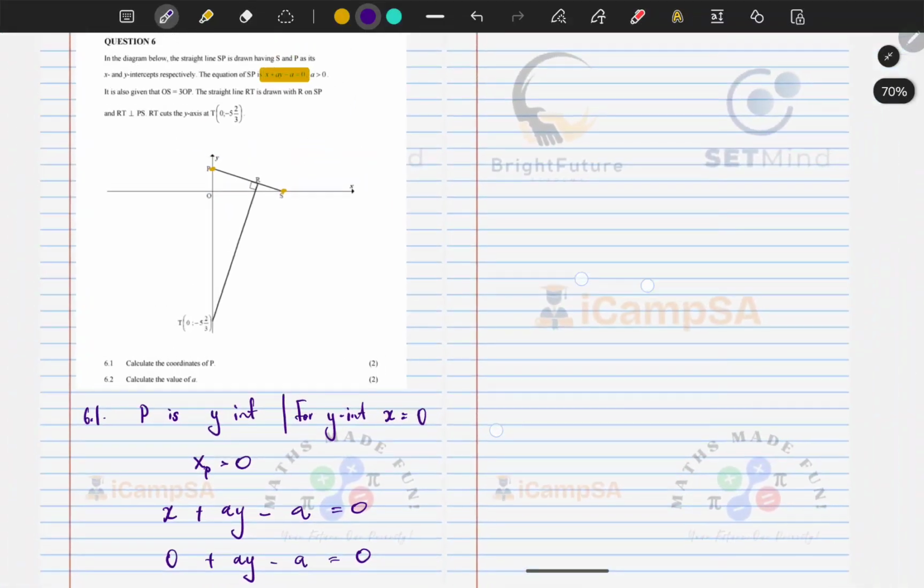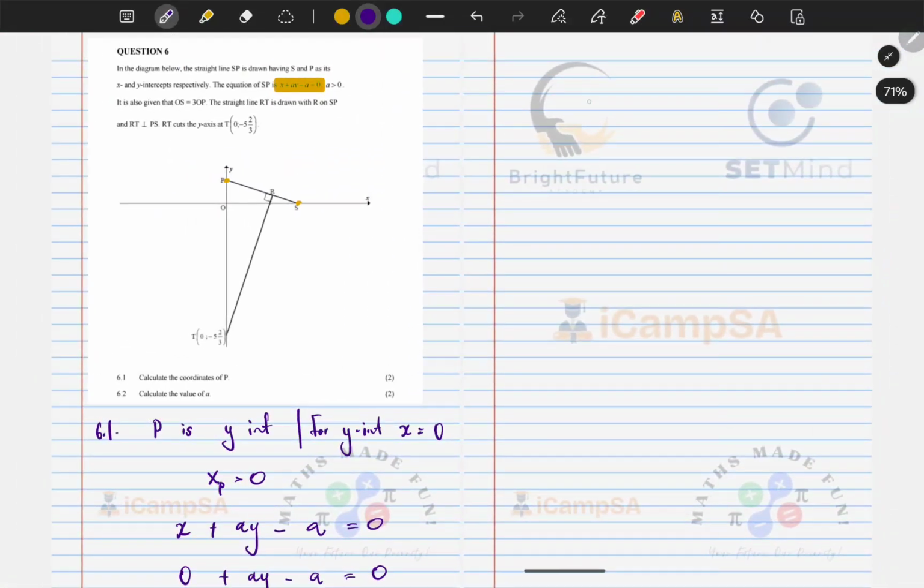So now you are left with ay minus a equals 0, and then we can just transpose: ay is equal to a, and then you divide by a, and this and that will cancel.